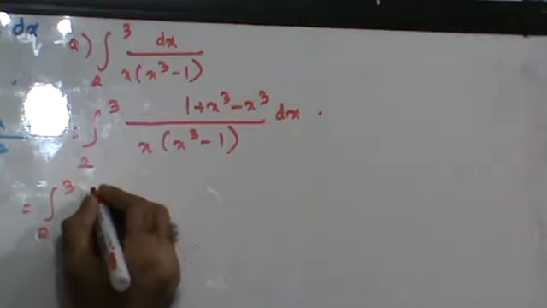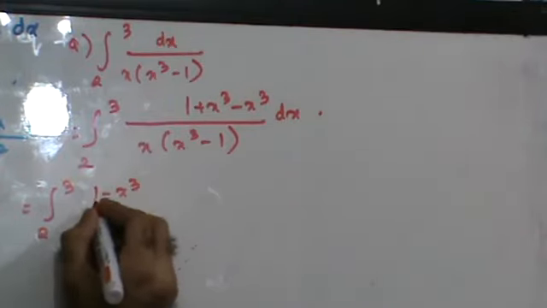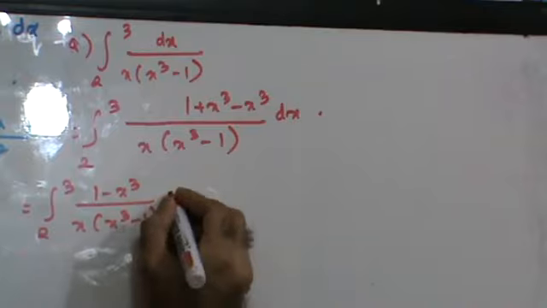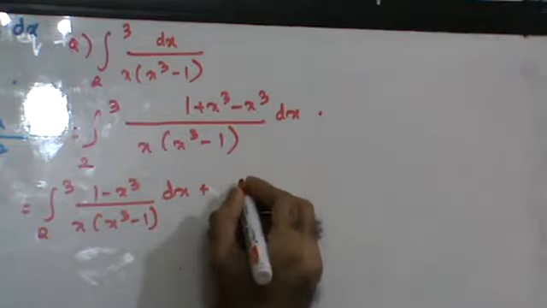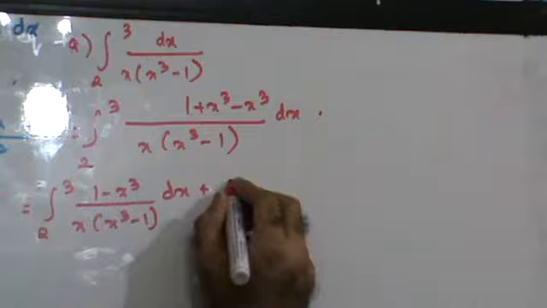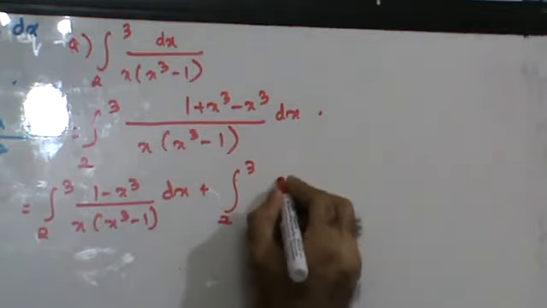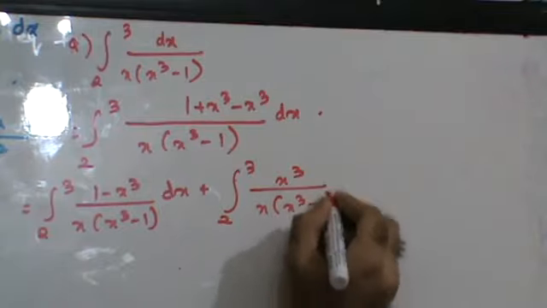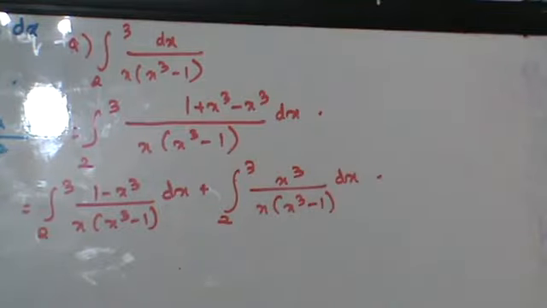I could take 1 minus x cube upon x cube minus 1 dx plus, 1 minus x cube is gone, so plus 2 to 3 x cube minus 1 dx. Right?